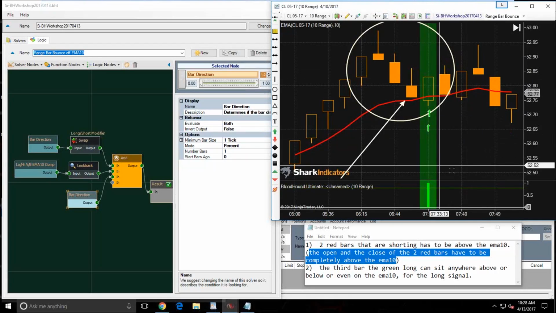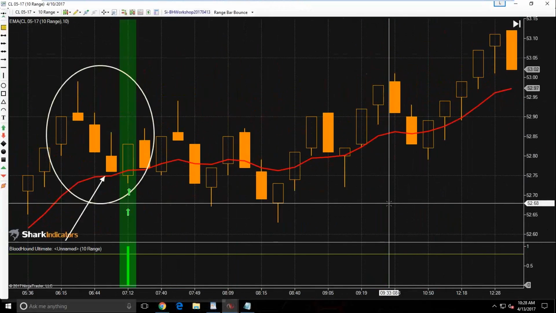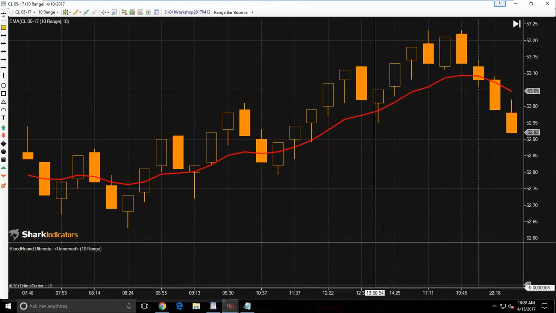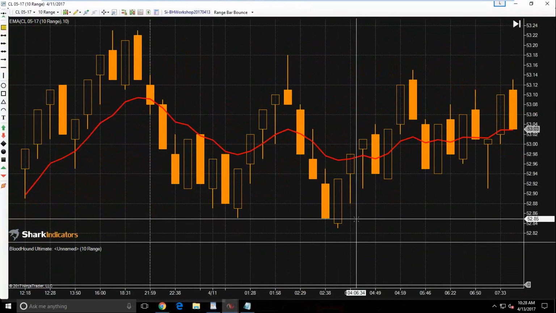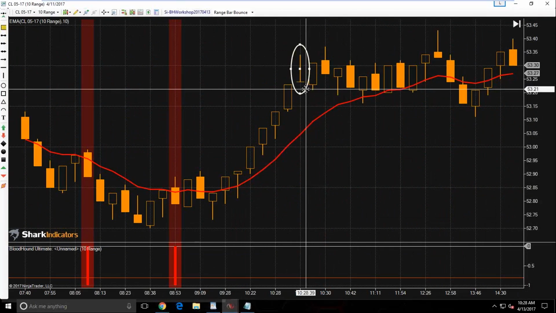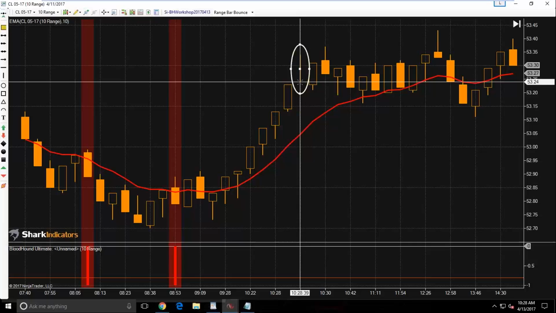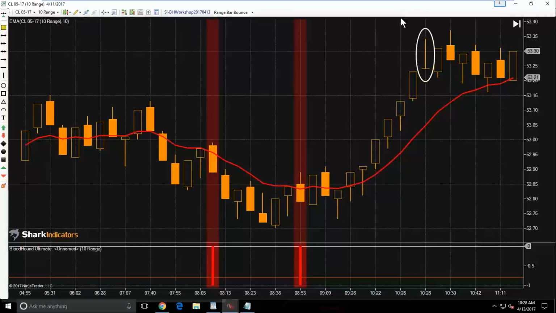Hold on a sec here. I need to find a doji. So we're working with range bars. With dojis, dojis don't have a body, so they don't have a bar direction since there's no body.